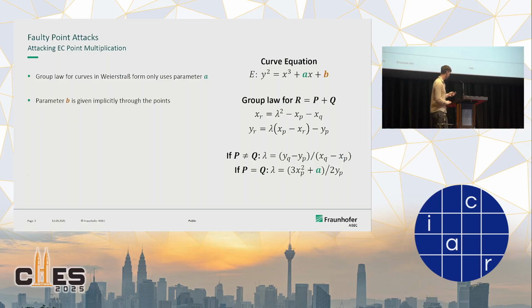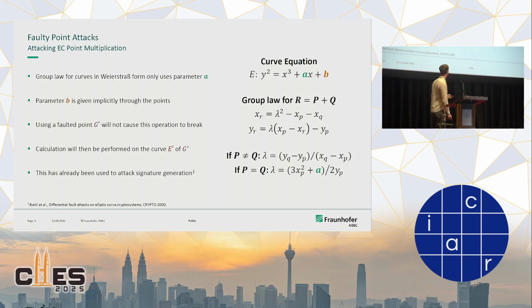You might notice that in this group law, we don't actually use that parameter B, but only A. This has an interesting effect, meaning that if we provide some faulted point that is not on the intended curve, this operation will not really break, but it will just be performed as if it were on the intended curve. For that, the parameter B is not explicitly used and is thus derived from the points in this calculation.